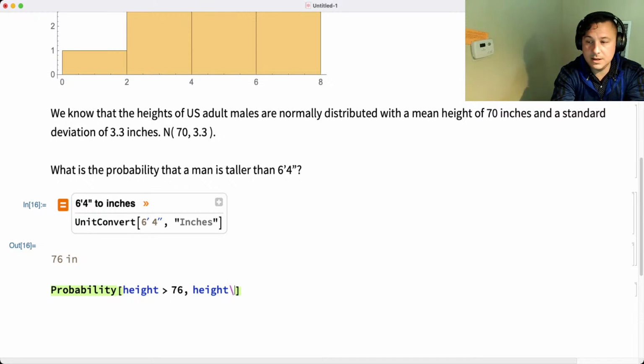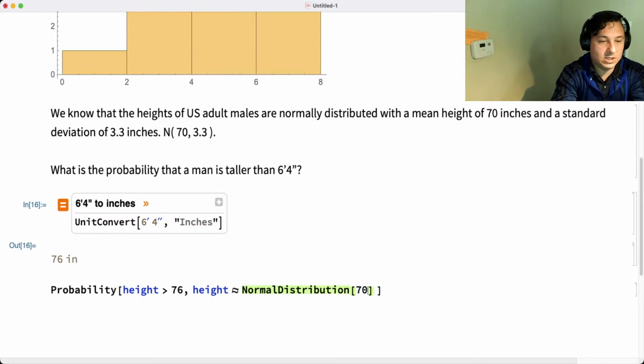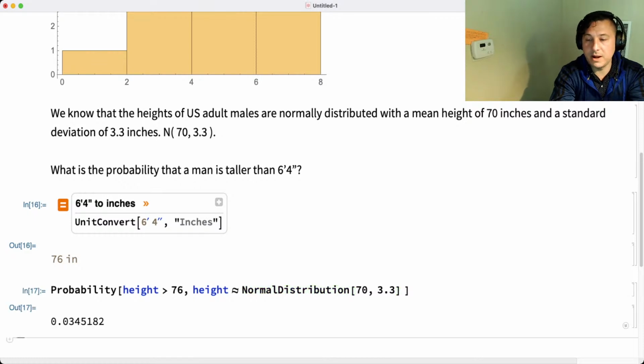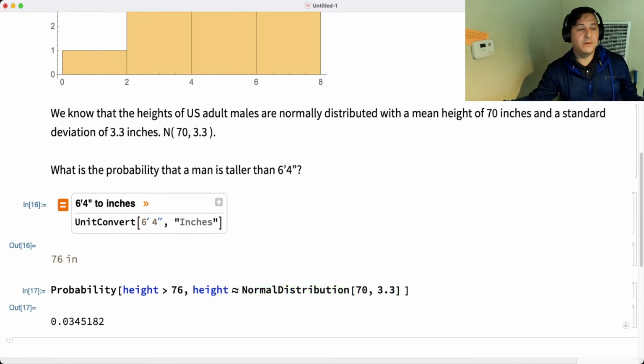So you do height, then backslash, bracket, you say distributed, boom. You tell it, hey, this is a normal distribution. You give it the mean, which was 70 inches. The standard deviation was 3.3. You run the problem.